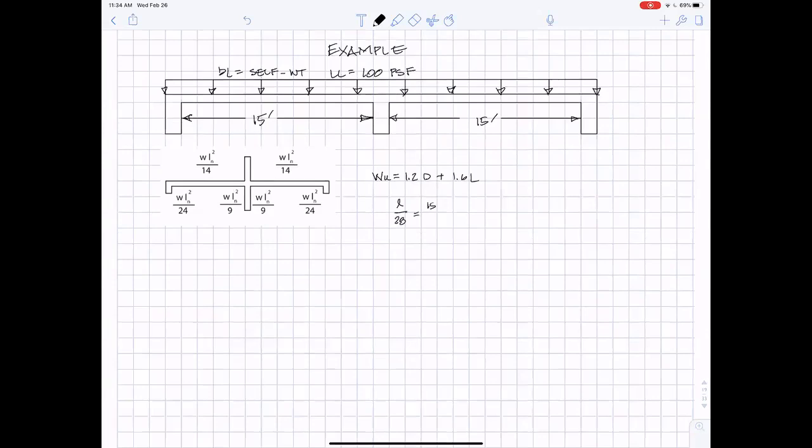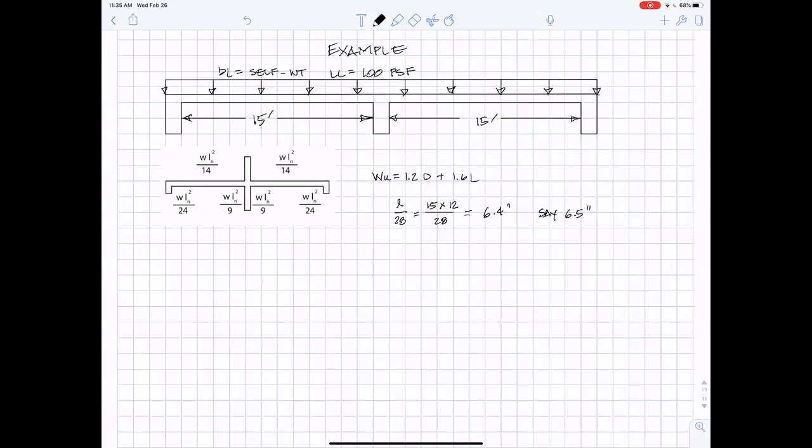These are 15 feet spans, 12 inches per foot, divided by 28. And that comes out to 6.4 inches. Let's say 6.5 inches.